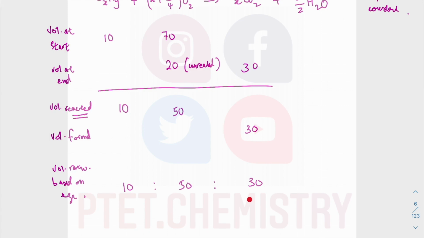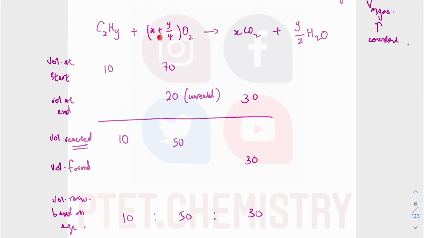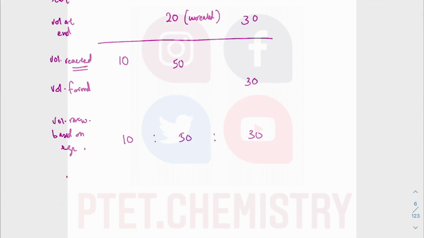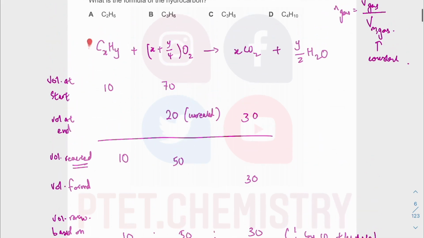The volume ratio is equal to the mole ratio. These are mole ratios, 1 is to that. So I want the simplest ratio. For the mole ratio, you would divide by 10 throughout. Why do we divide by 10? Because we want to get 1. Why do we want to get 1? Because it's 1 in front here.